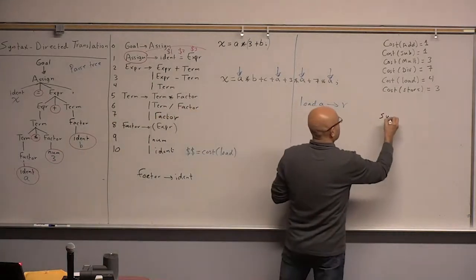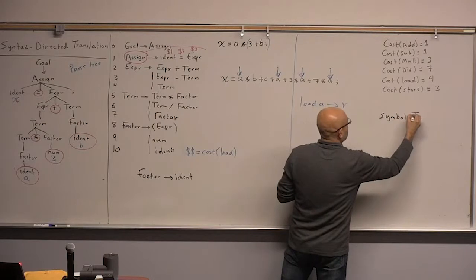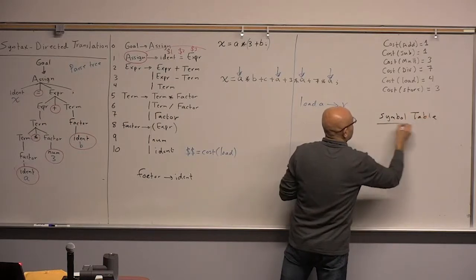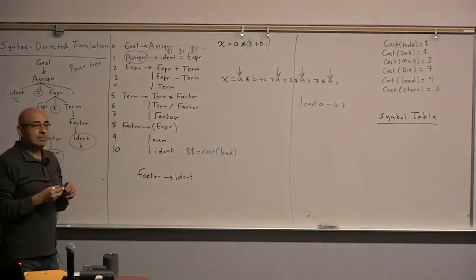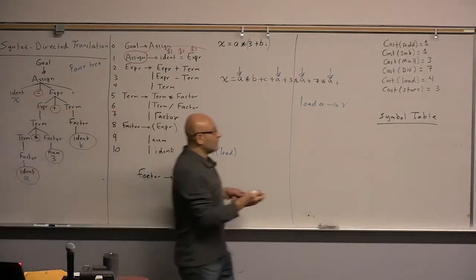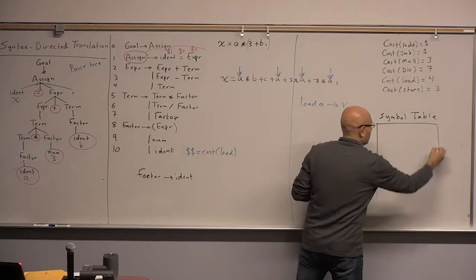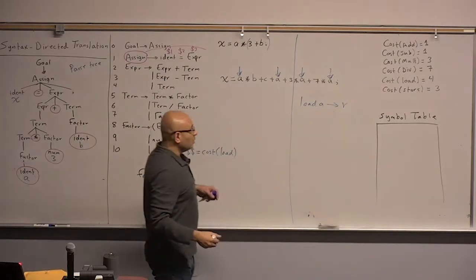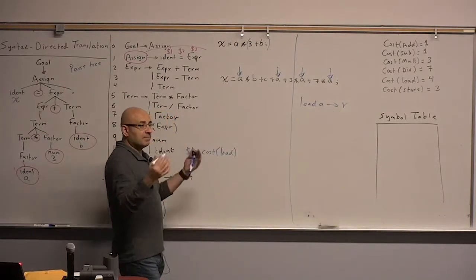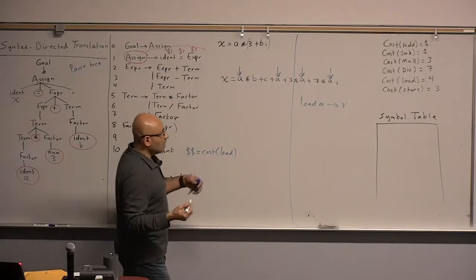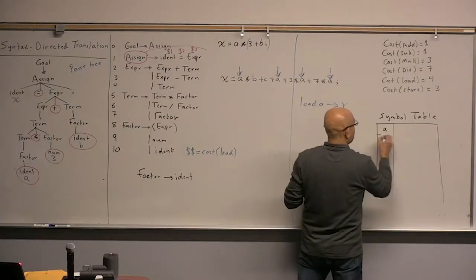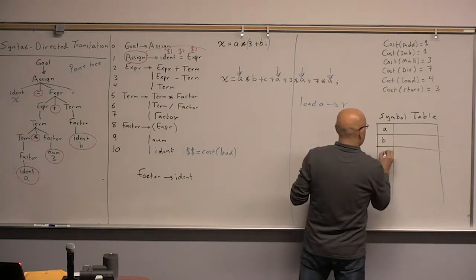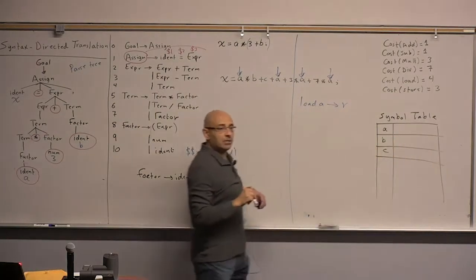In fact, one of the most important data structures in a compiler is the symbol table. That symbol table will have all the symbols in it with some information. In this case, there is A, and there is B, C, and it will have information about each symbol.